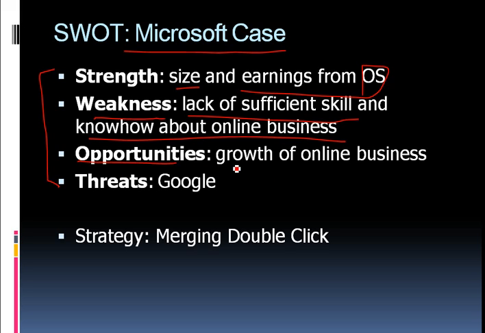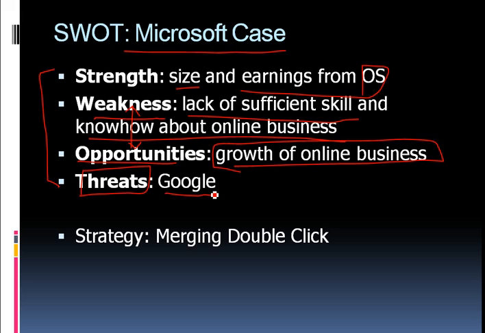The opportunity is the growth of online business. Okay? So there is a mismatch between the weakness and the opportunity. And the threat to Microsoft was Google. So Google is invading your business, the biggest competitor. So you need a new kind of strategy.